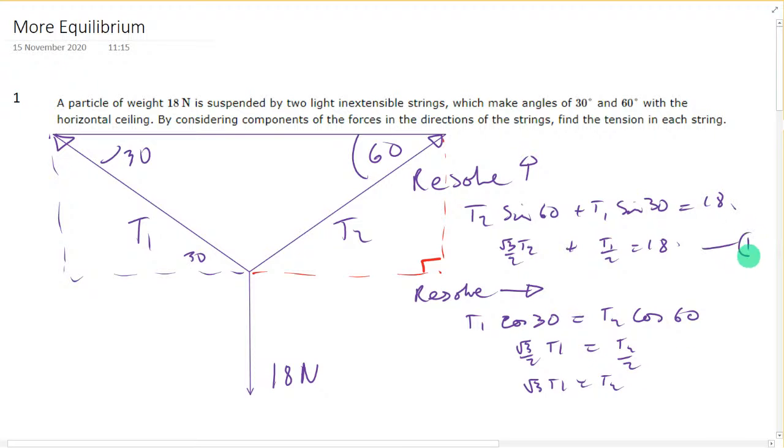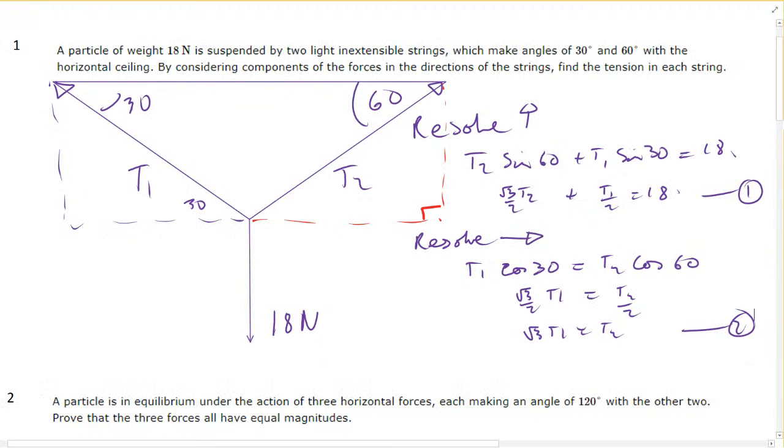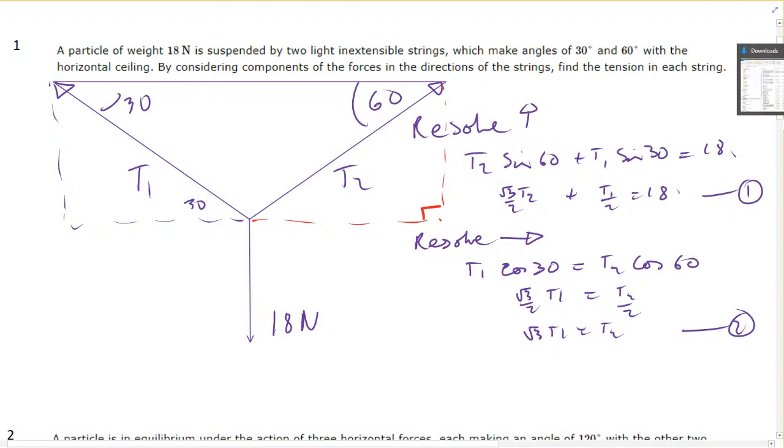So if I call that equation 1 and this equation 2, and substitute, give myself a little more space. Substitute my answer here for equation 2 into equation 1. So I'm going to replace the T2 here with root 3 T1.